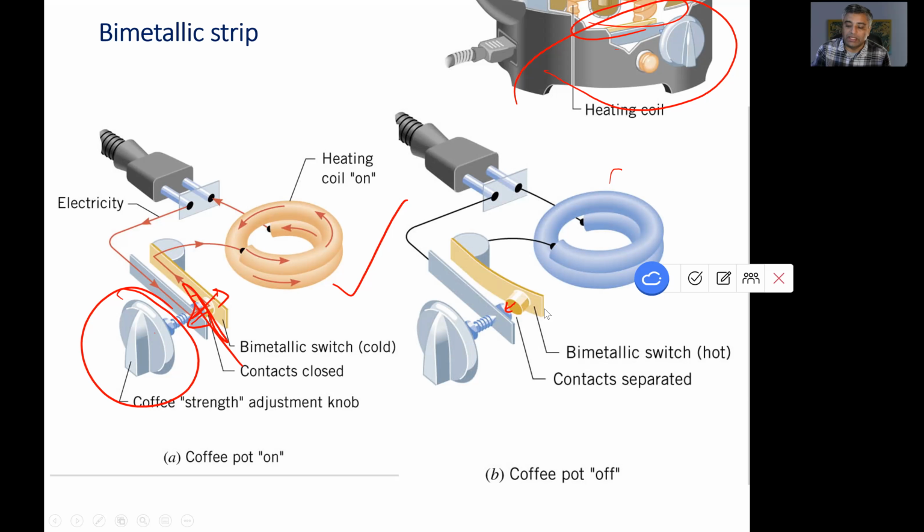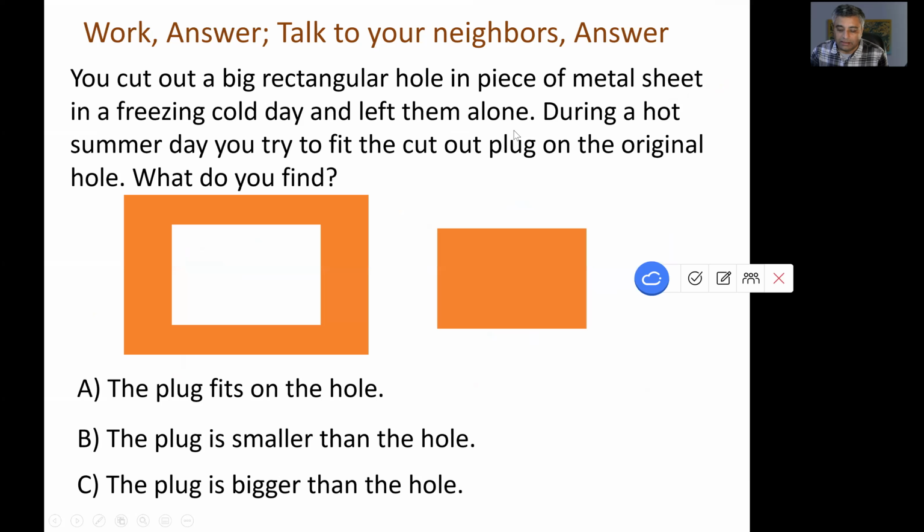We build this because of the knowledge that things expand when there is a rise in temperature and contract when the temperature falls, okay? With that knowledge, we can invent this kind of technology.